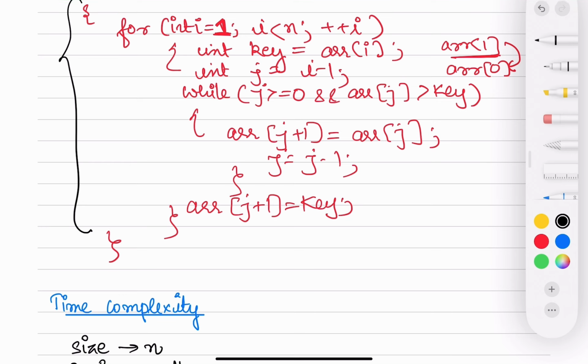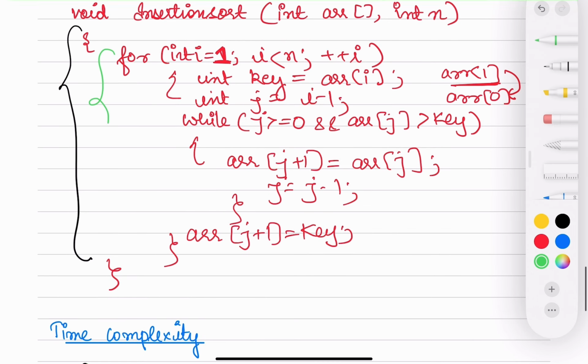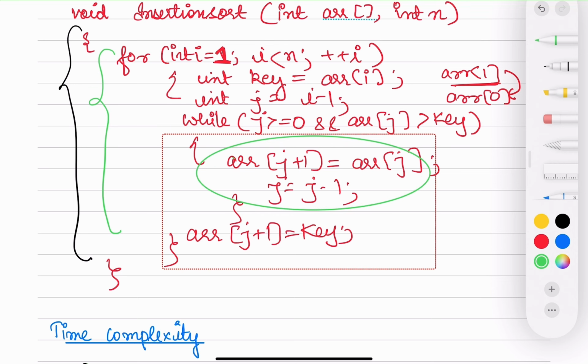So can anyone tell me which among these lines is the basic operation? We don't consider the loops, right? We consider the actual operations. Some of you may say this line is the basic operation. Do you think this is executed every time we iterate through the loop?